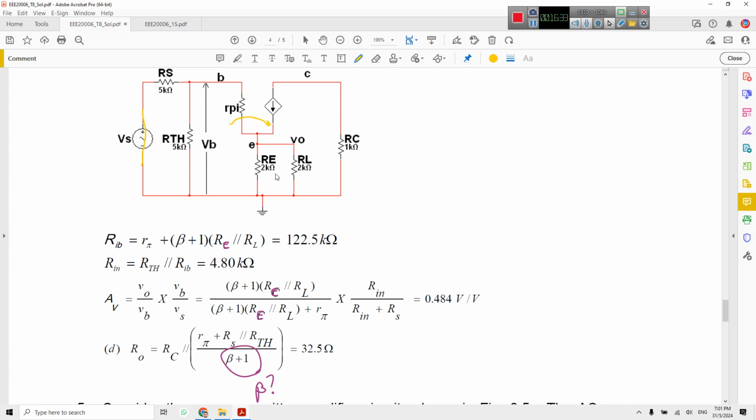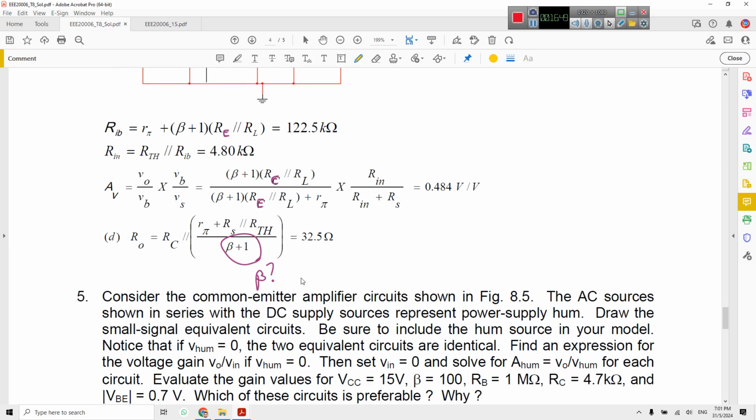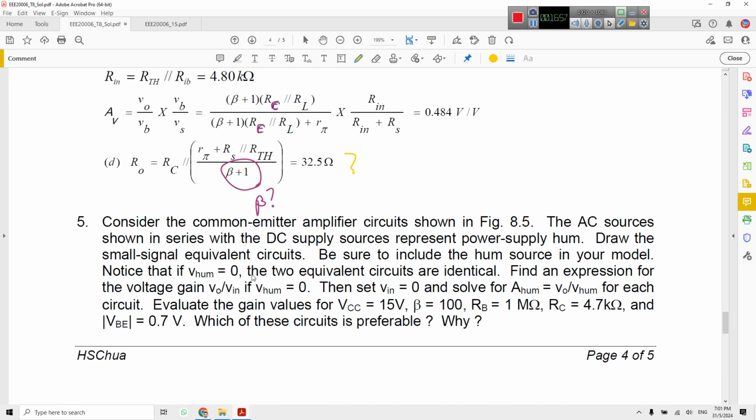So for this to be parallel with RC, I think this one should be beta. However, you can chase and search which one is correct. For me, both values, beta and beta plus 1, cannot give me this value. I don't know how this is calculated by here.